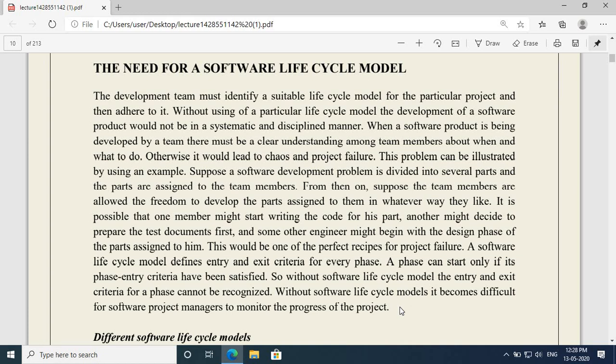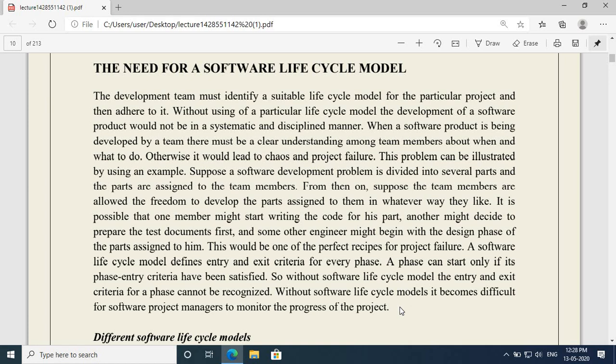That means, in a single word, if we adopt one lifecycle model, then there is some discipline for developing the software. If we want to develop software in a disciplined, engineered manner, then we must follow one software lifecycle model. So what is a software lifecycle model? A software lifecycle model, or SDLC model, is nothing but the diagrammatic representation of the model.